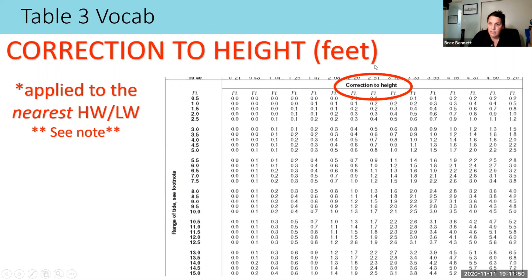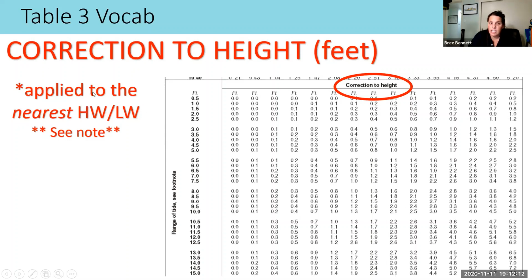The top half of the chart tells us which column we were in. Let's say we were in this column. If I had 8 feet of a tidal range, I would get a correction of 2 feet. This is just helping us get our correction.